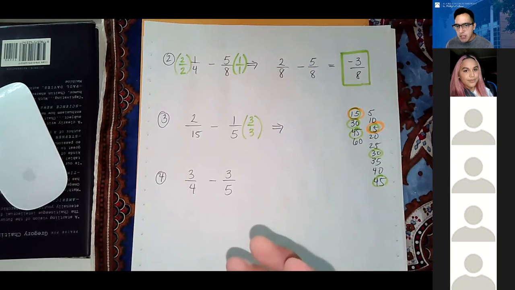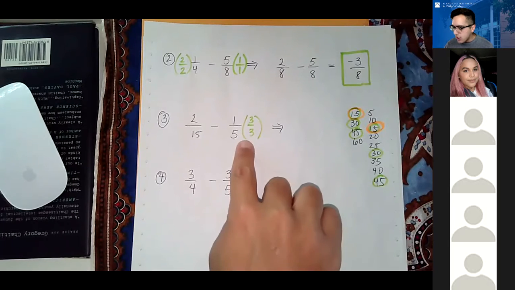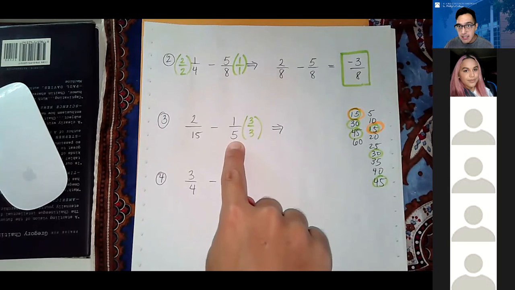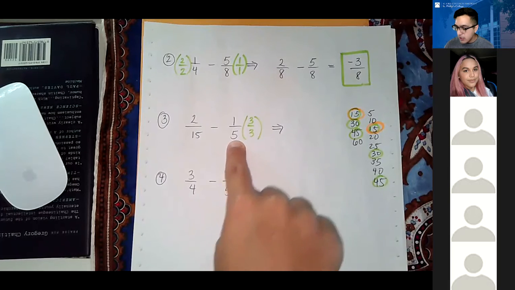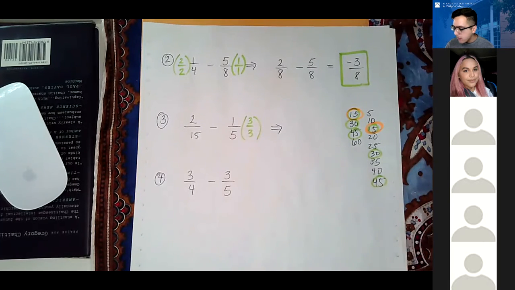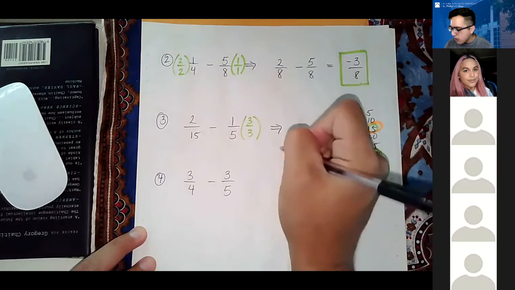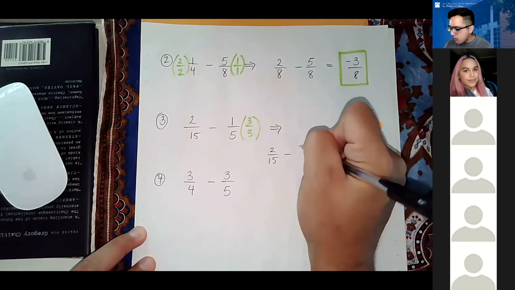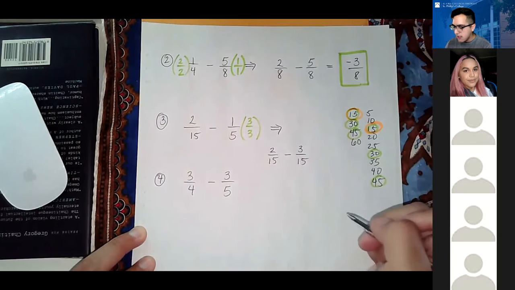So I think Kaylee is the one that was running through this problem for us. She identified that all we need to do is change this 5 into a 15. So we just took 3/3 and multiplied it by this fraction. And you'll see that our new problem is 2/15 minus 3/15.